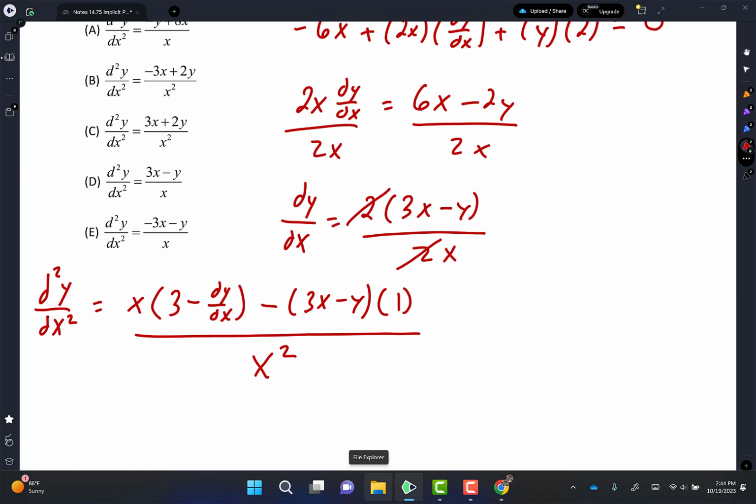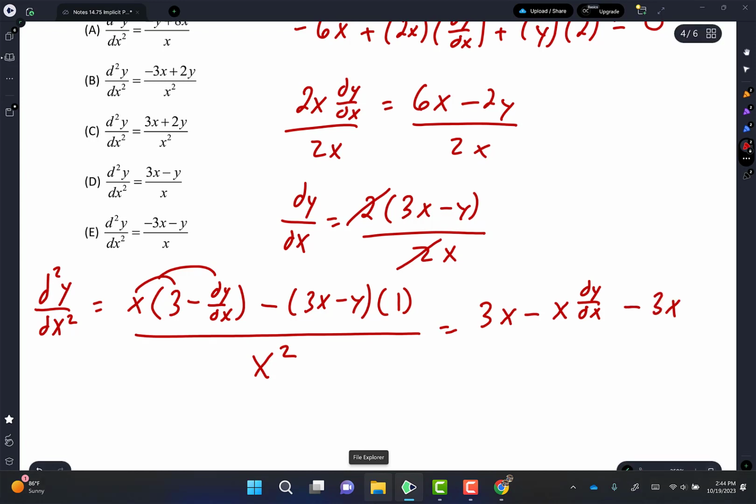I want to distribute that x first. So I'm going to have 3x minus x dy dx. And then I'm just going to distribute this negative here. Minus 3x plus y. All this is over x squared.